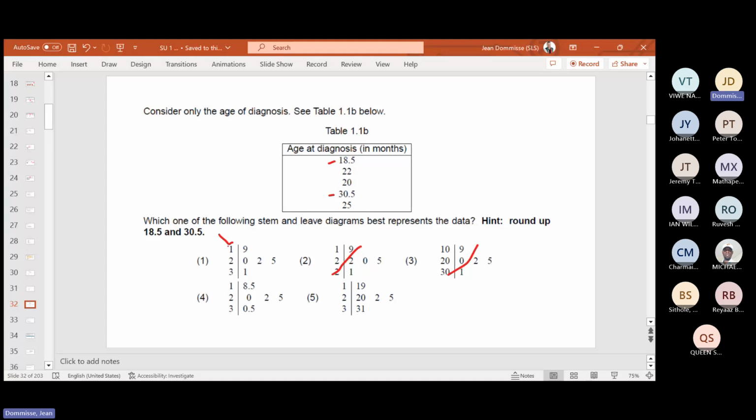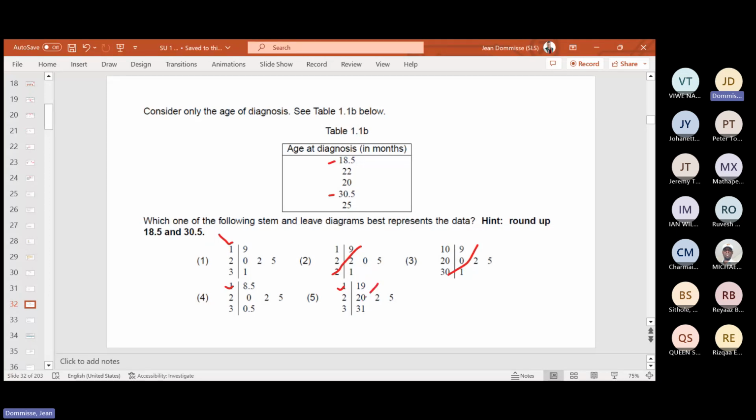Then let's just look at the stem 1 to 3. So that might be 1 to 3. Okay, so there's 1, there's 2, there's 3 options that could be. So let's look within it. Okay, suddenly now within it 19, 22.5.